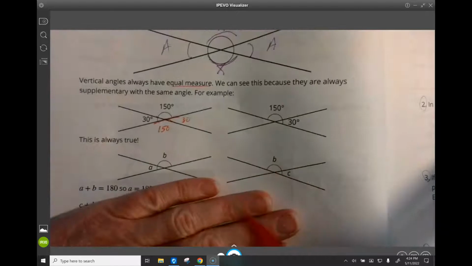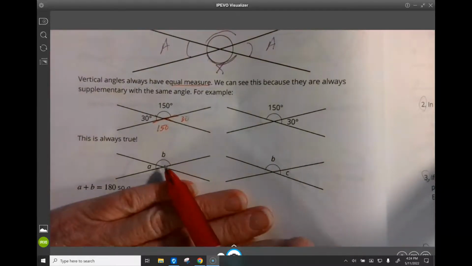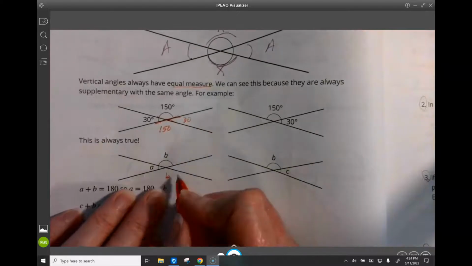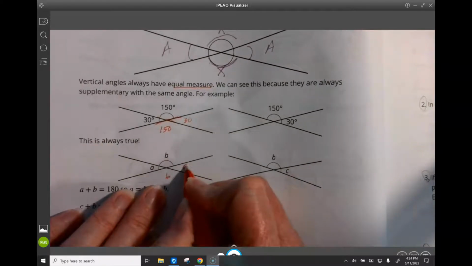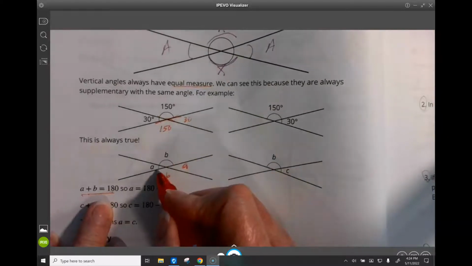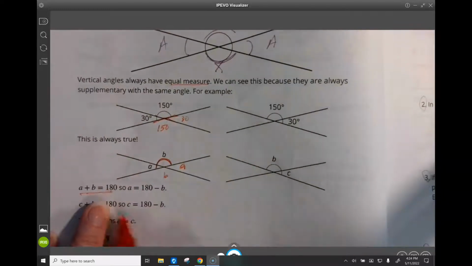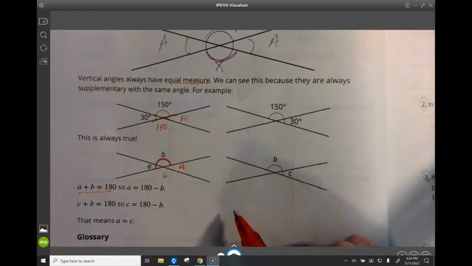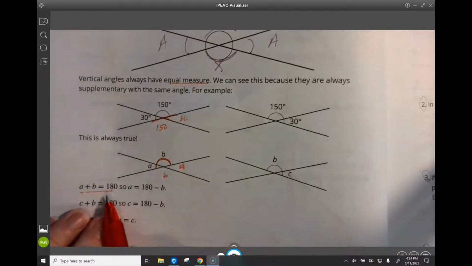Okay, so look at this right here. If I have this picture, I know that this is also the same as that one, and this one is the same as that one, but I also know that A plus B equals 180. These are on a straight angle, so they add to 180, so they're supplementary. Okay? So then they do a little proof here.